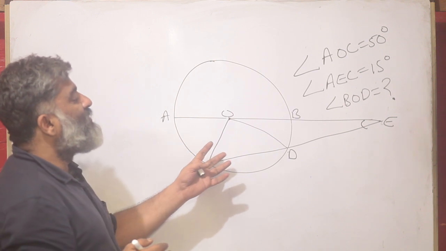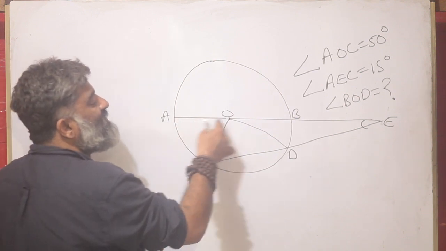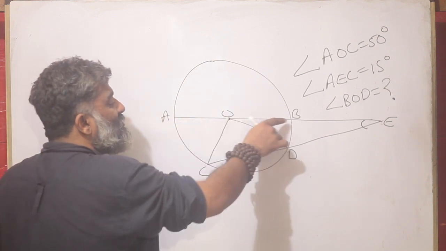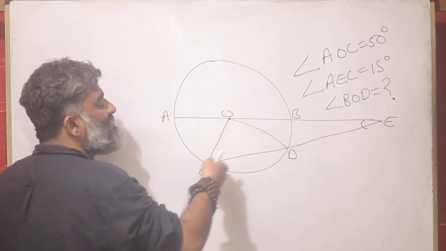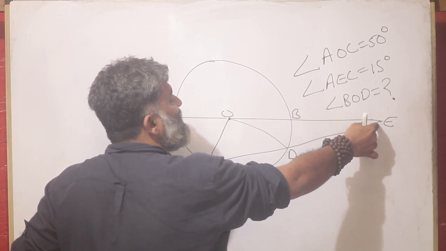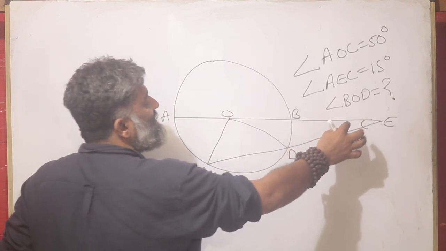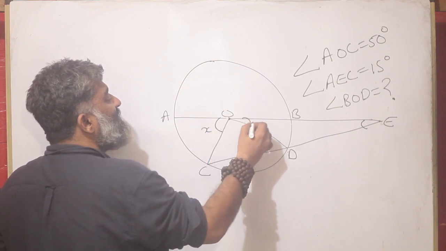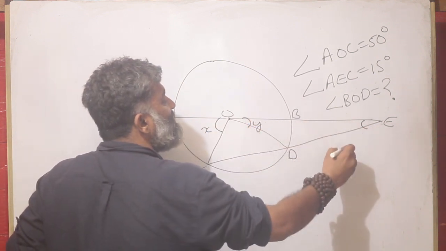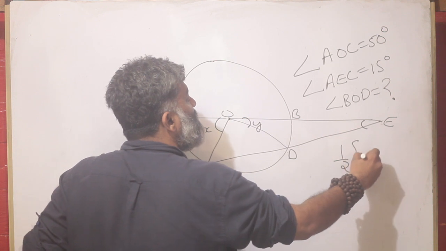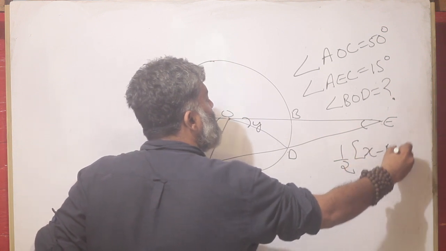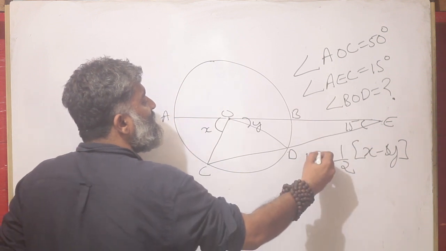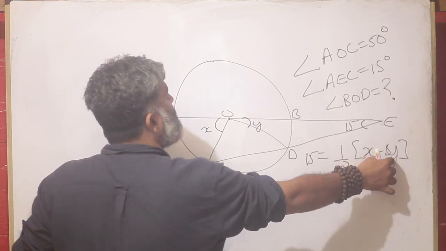So the moment I look at this figure, forget about this being a diameter, that is just a digression in the story. This is a chord, diameter is also a chord, this is a chord, and they are meeting at point E. And we just learned that if this angle is x and this angle is y, this angle is going to be half of x minus y. I know this is 15, so 15 is equal to half of x minus y.